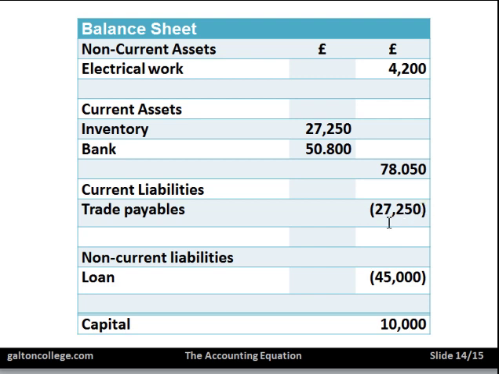That's a negative. £27,250 plus £45,000 is £72,250. And if we add £4,200 to £78,050, we get £82,250. So the £72,250 from those two plus the £10,000 gives you the £82,250 in terms of assets.